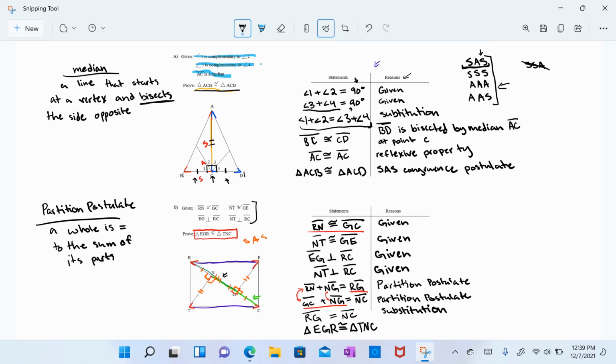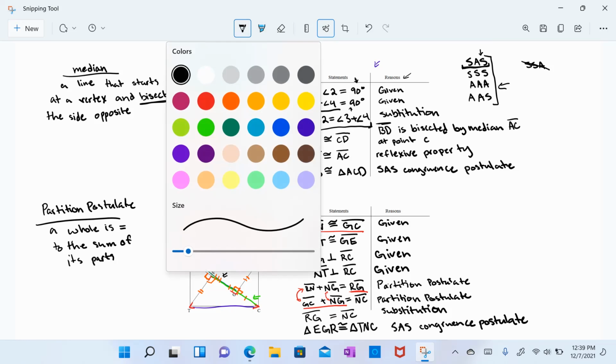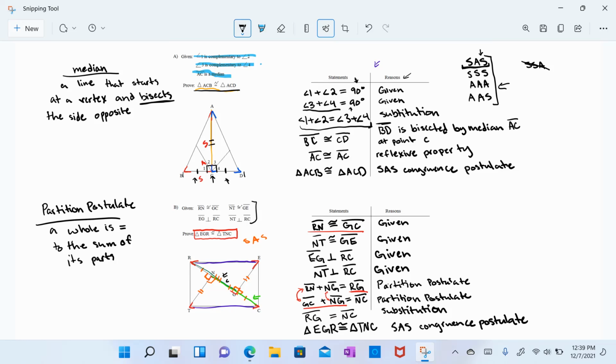And that is because of the side angle side congruence postulate. And let's just verify that that's true. So we have a side here, we have the right angle, so that's an angle, and we have the other side here, so that's another side, and that's side angle side. And we solved that problem.